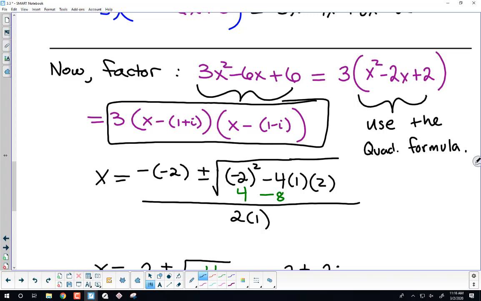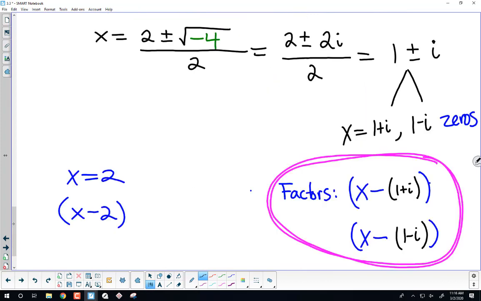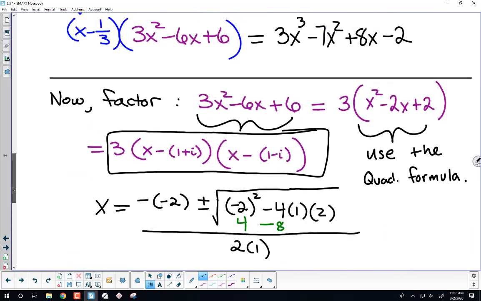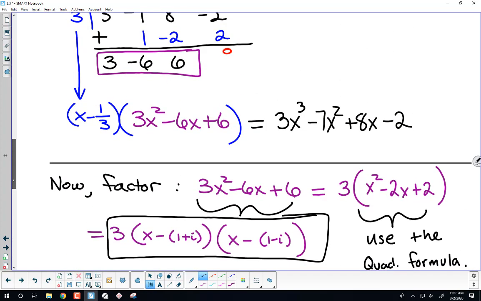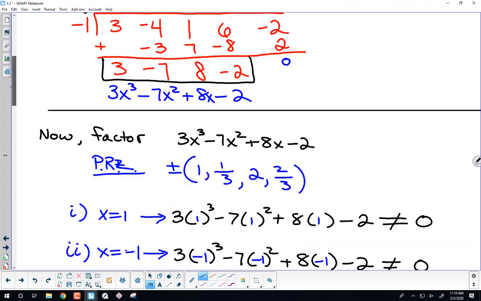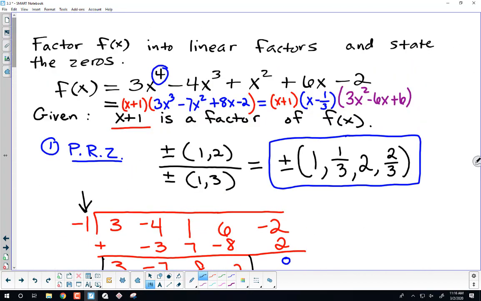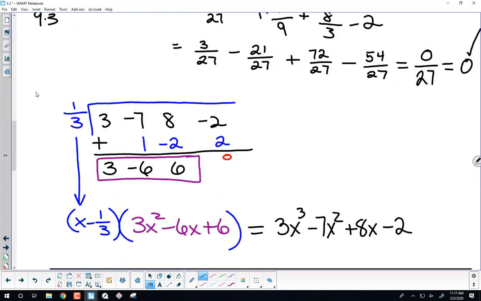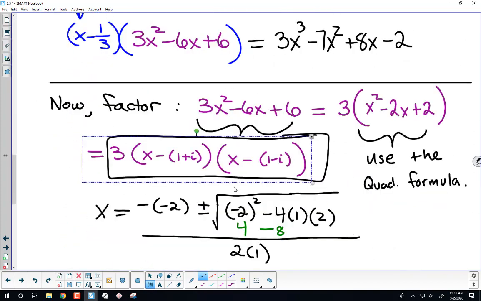So all of that stuff that we just wrote out in the box here has to then go in place of this quadratic here. And we've run out of space, so I'll just copy that. But we just need to rewrite the 3x squared minus 6x plus 6 as this factored version here. Is everybody okay with that?